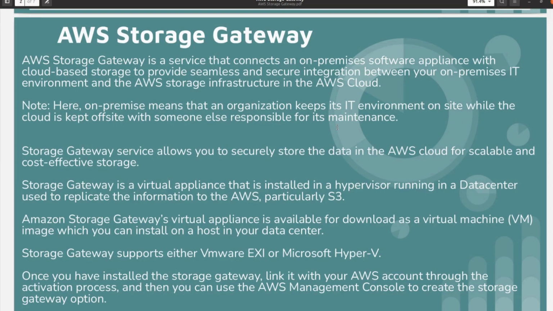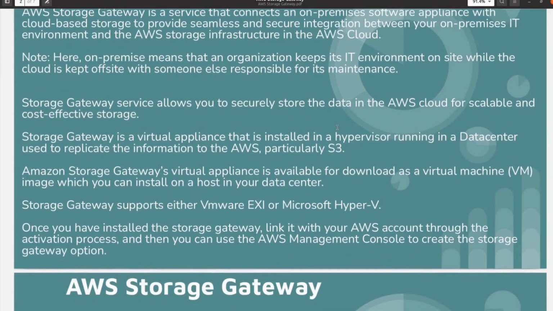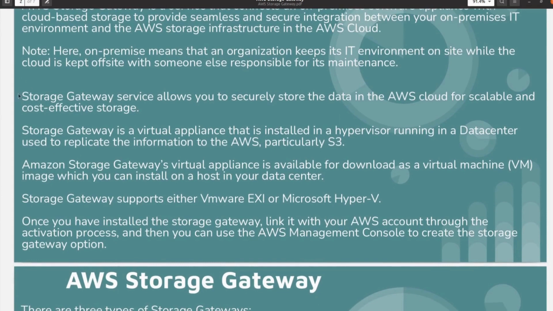Whenever you are keeping your data in the AWS cloud, you don't have to worry about it, because on your behalf AWS will manage your data and make sure it is always available. We also have three types of storage class, which we are going to discuss later.